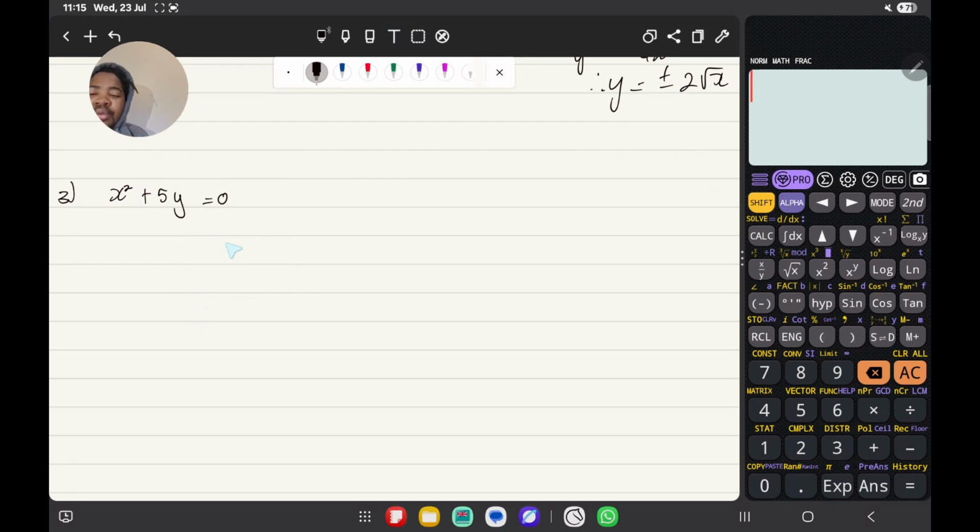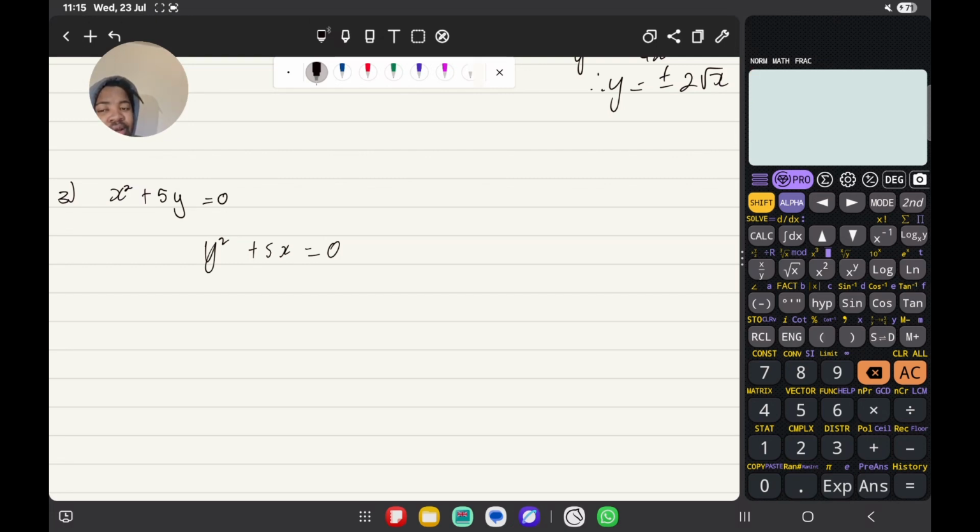Let's say we have y squared equals minus 5x, so now we swap x and y, right?